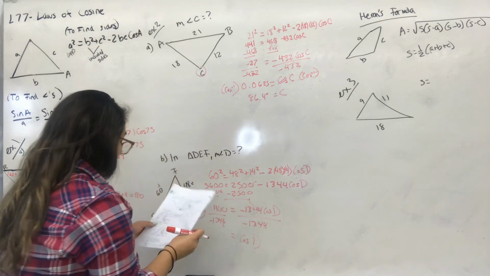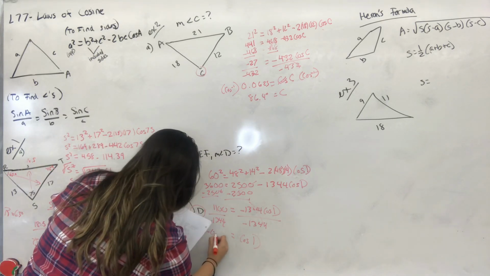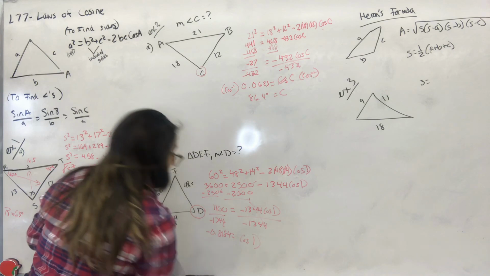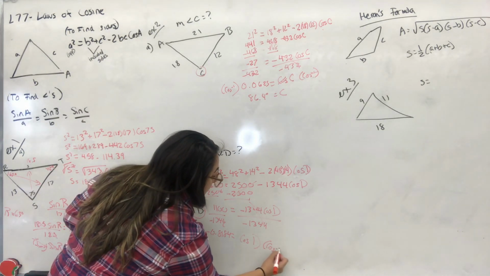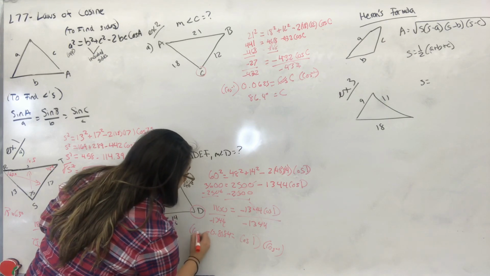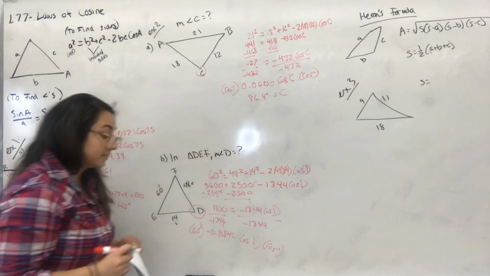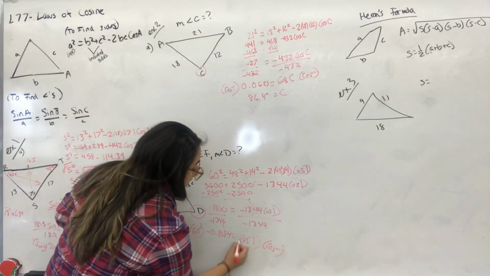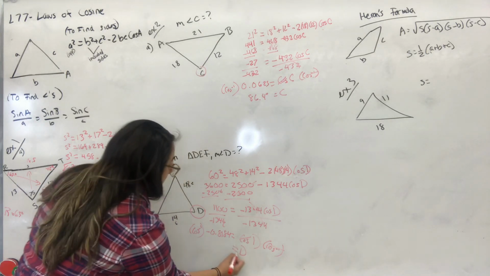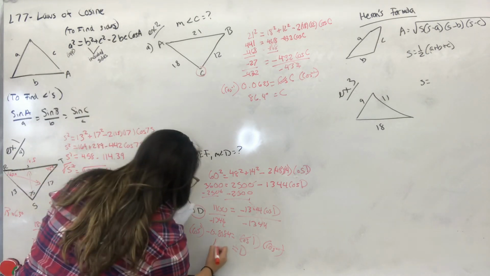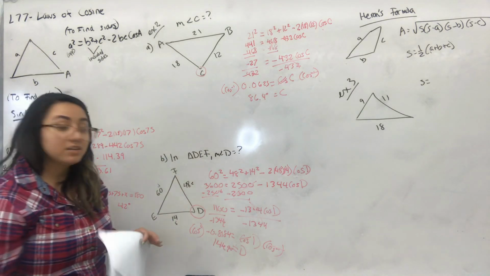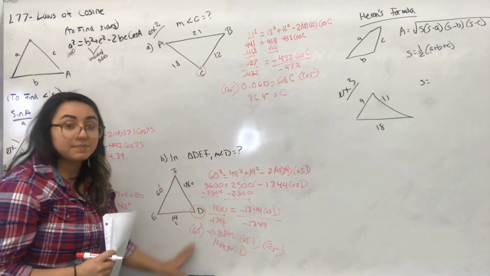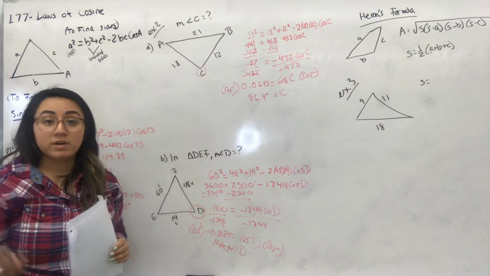And I end up with negative 0.8184. After that, you're trying to get the D by itself, so if you multiply both sides by the inverse cosine, then your angle D is equal to 144.9 degrees. So we're not looking for anything else, just for that one angle. So just go step by step. The book has the equation for you.